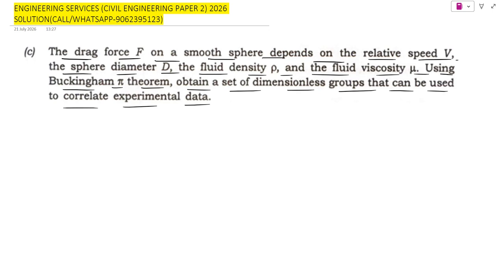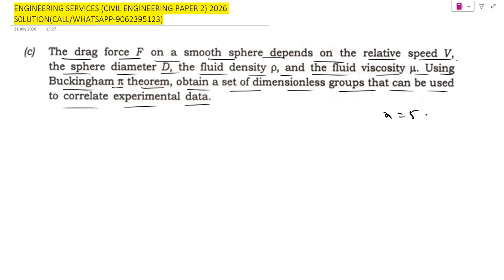Okay, so let us first list all the variables. The dependent variable drag force and the independent variables are like velocity, diameter, density, and viscosity, right? So therefore, the number of variables n is 5. Now, identify the fundamental dimensions.